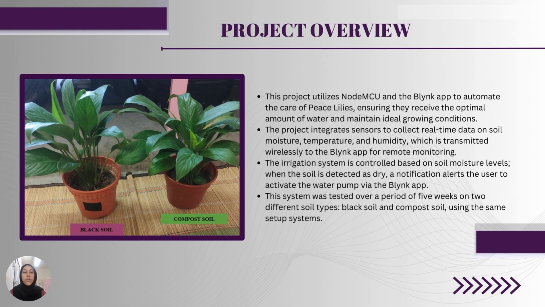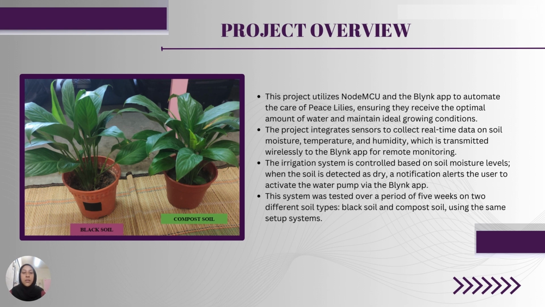So for the project overview, this project utilized NodeMCU and the Blynk application to automate the care of peace lily, ensuring that they receive the optimal amount of water and maintaining ideal growth conditions.